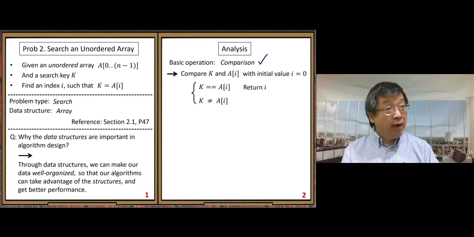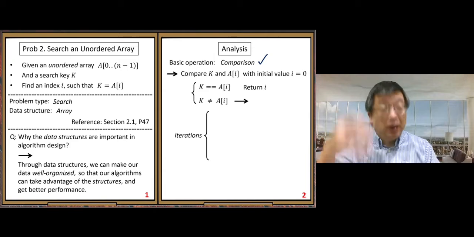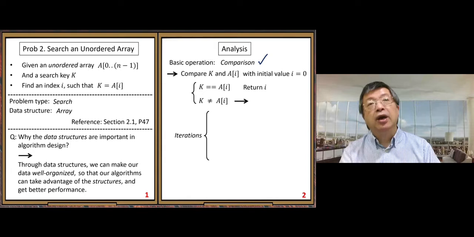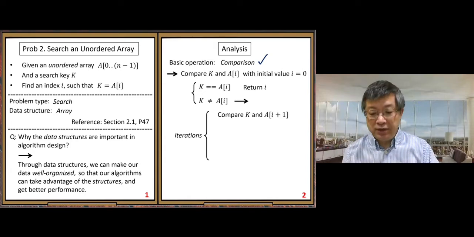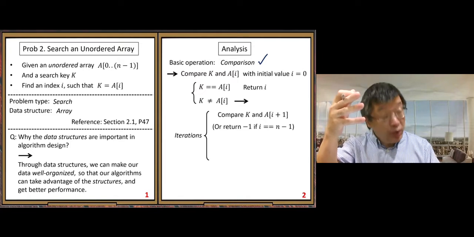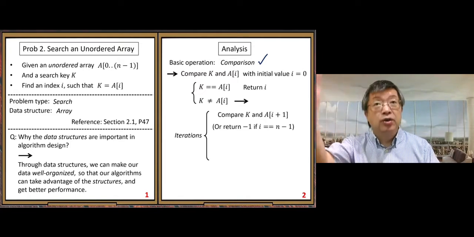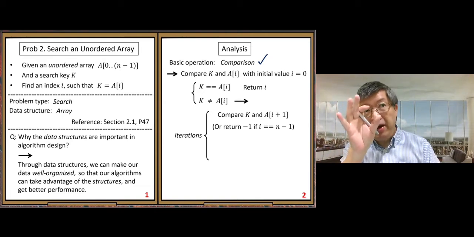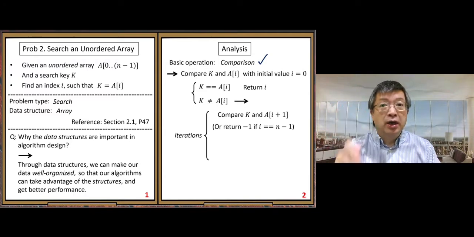Otherwise, we need to do iterations. If k is not equal to the current element, we need to look at the next element. Compare k with a of i plus 1. So you keep doing things like this. But eventually you will reach the end. After you compare k with the last element, if you still couldn't get a match, then you return -1.